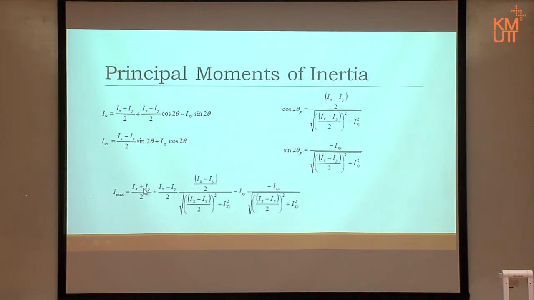Then we have I max. Ooh, confusing. I have arrows. Okay? So I just change cosine 2 theta. Because this is I max now, it has to be this angle here. Right? Substitute that into that and move it down here. Substitute that into that and move it down here.